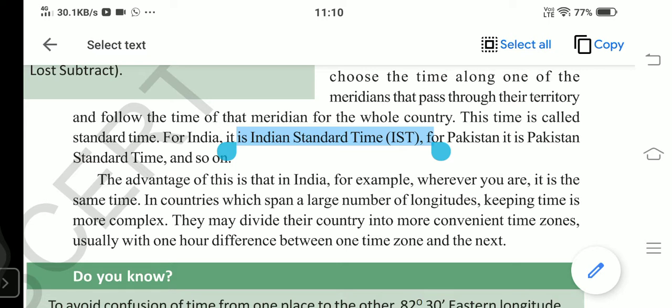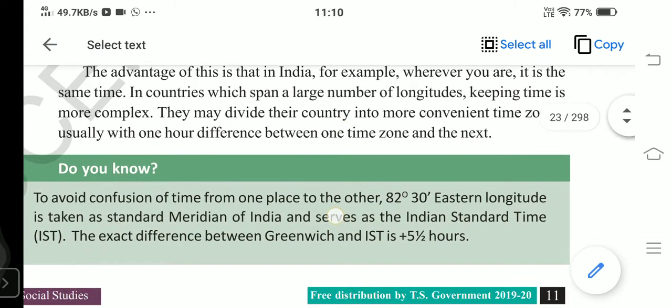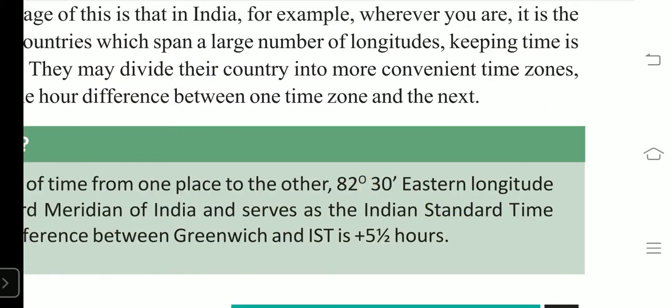So everybody has to follow the time taking place at IST. Then what is IST? It is 82 degrees 30 minutes east longitude. Look, my dear students, this is 80 degrees east longitude, here it is. So this is considered as Indian Standard Time.